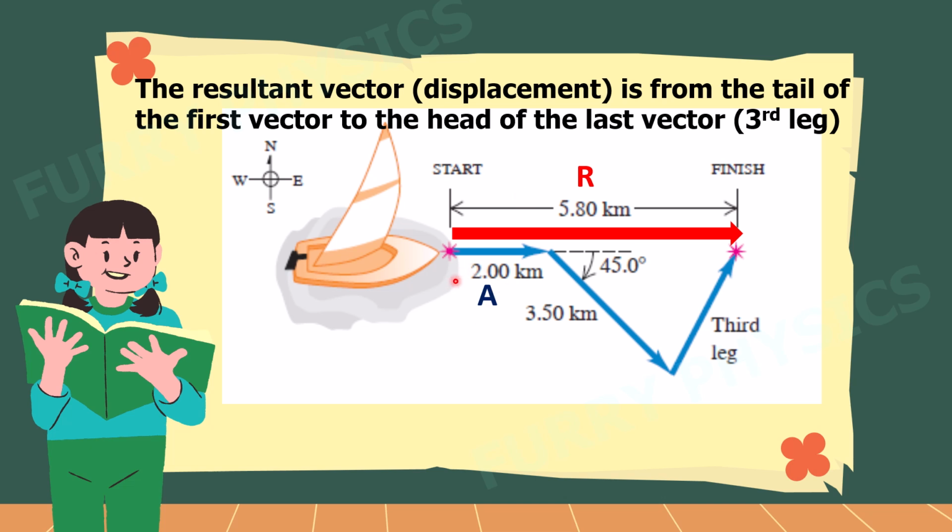This is vector A, which is 2 kilometers east. This is vector B, which is 3.5 kilometers, 45 degrees south of east. And this is the third leg, which has an unknown direction.